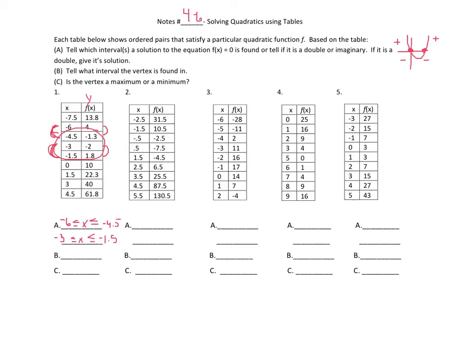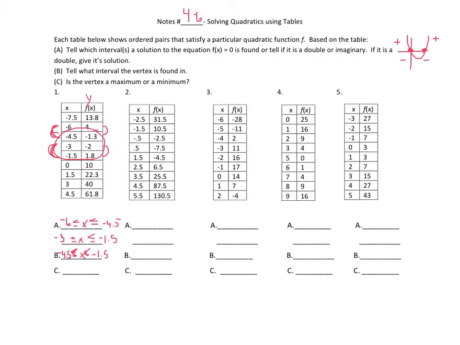The thing is that my vertex could be in between any of those three numbers. So we're going to say that the vertex lies where x is between negative 4.5 and negative 1.5. I'm going to leave these open because I know it can't be exactly those numbers.